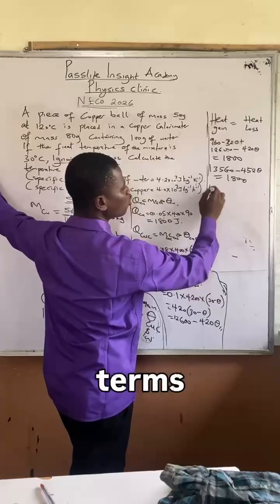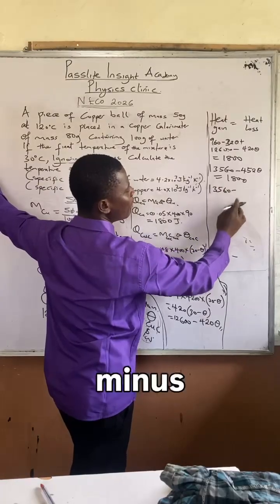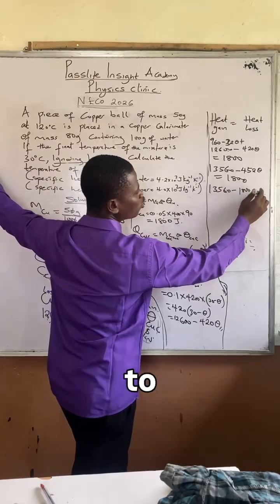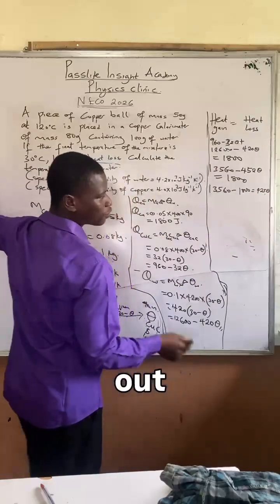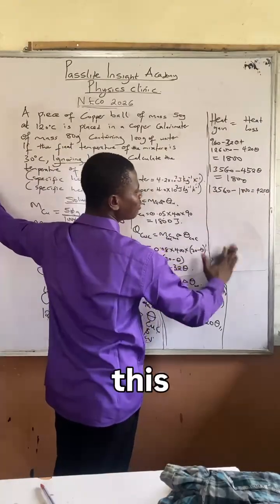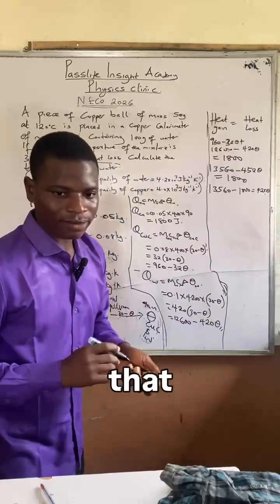Let's collect like terms: 13,560 minus 1800 equals 452 theta. This is coming in and that is going out. Let's use the calculator to get that.